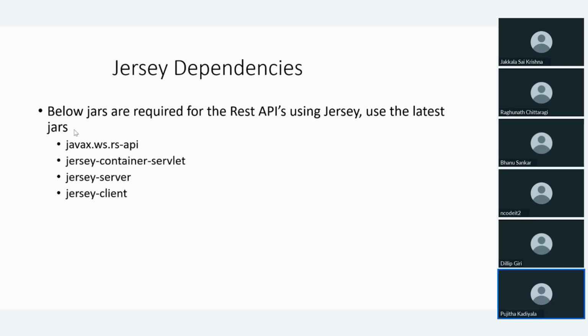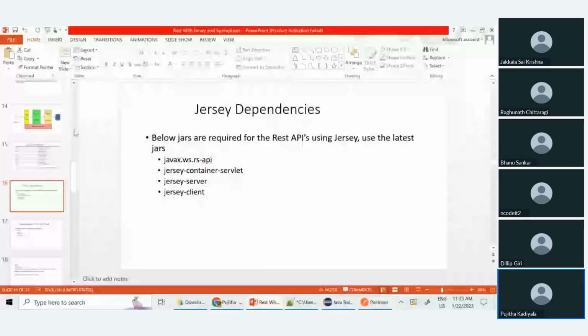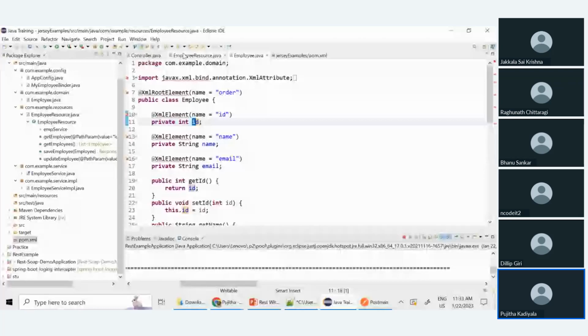Why? Because if you want to add the GET annotation, you write @GET, and if you don't have that import in your program, the IDE, whether you are using Eclipse or IntelliJ, will suggest you need to import this.